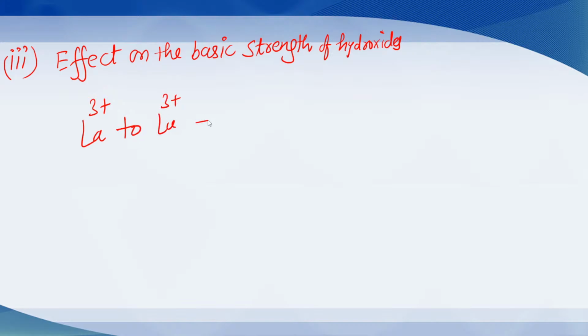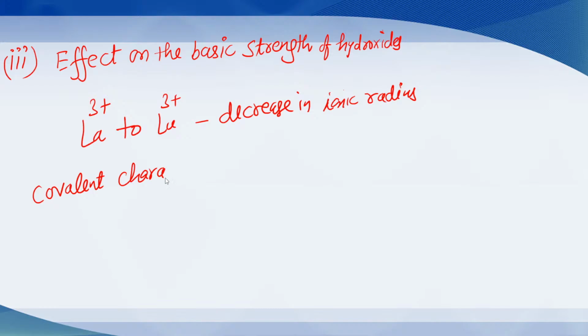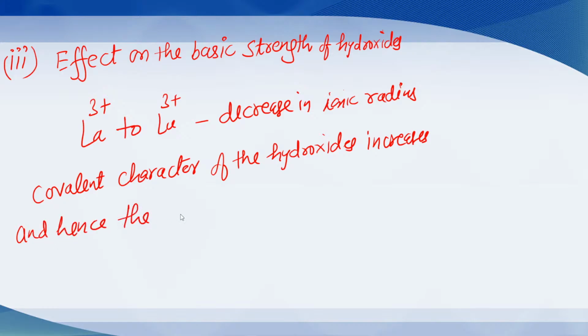There is a decrease in ionic radius, and that's why the covalent character of their hydroxides increases, because as size decreases, charge density increases, so effective nuclear charge increases, and hence the basic strength decreases.